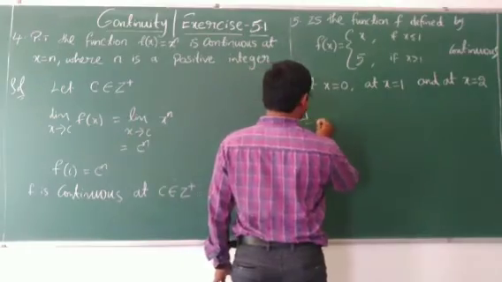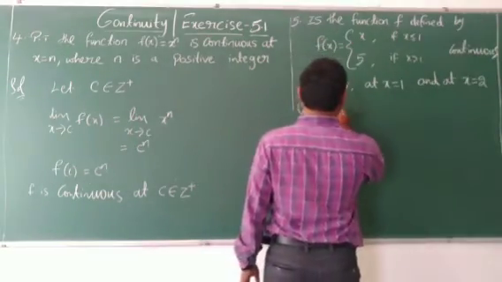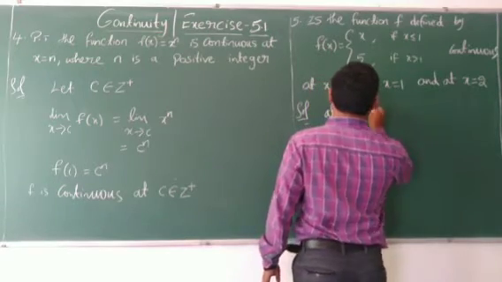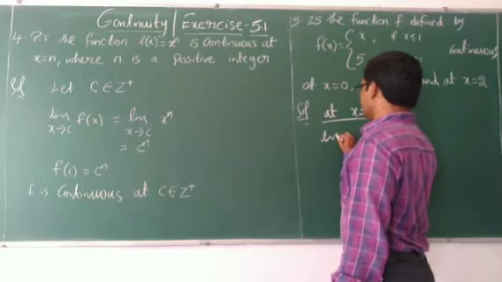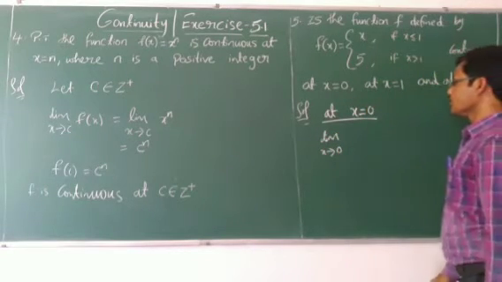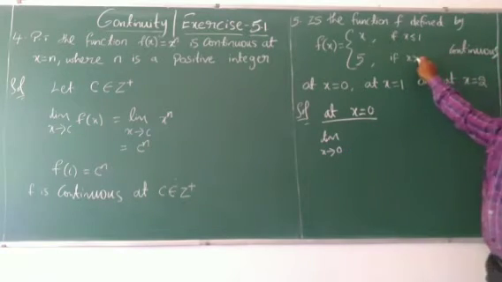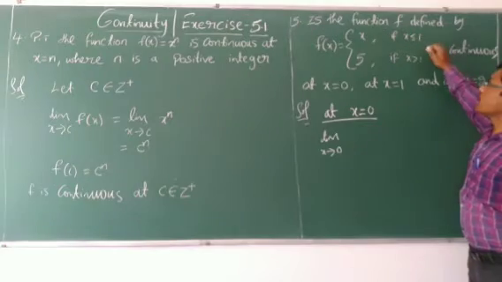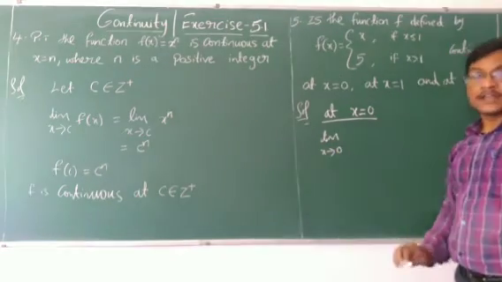So first at x equal to 0. Limit as x approaches 0. At 0 we do not have less than or greater than. Less than or greater than is there for 1 but not for 0. So directly we can take the limit.